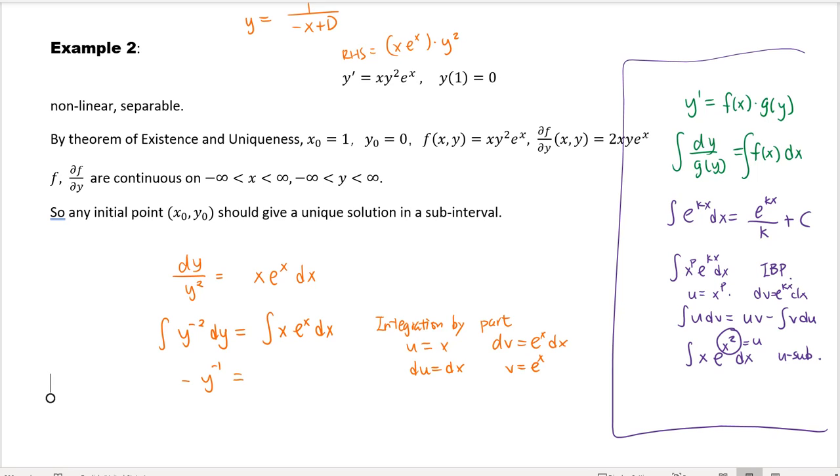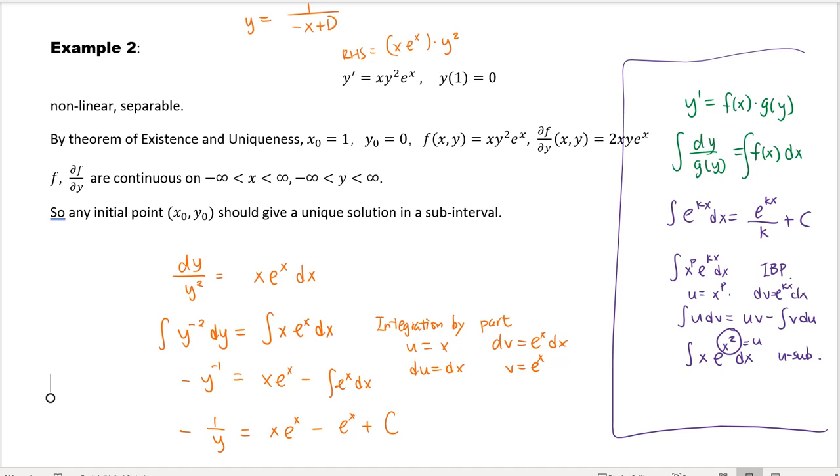Then we get uv minus integral of v du. So x e to the x, the integral of e to the x is e to the x plus c. Don't forget the plus c, okay?